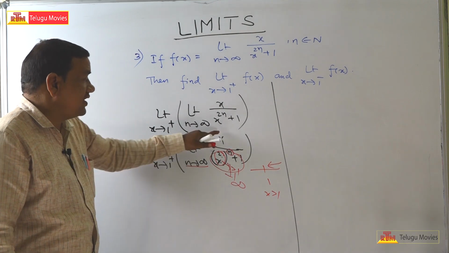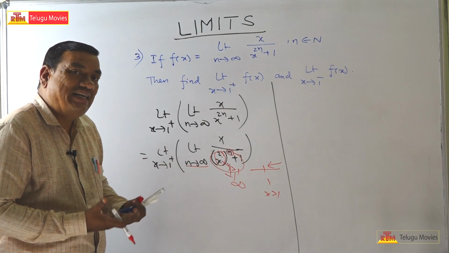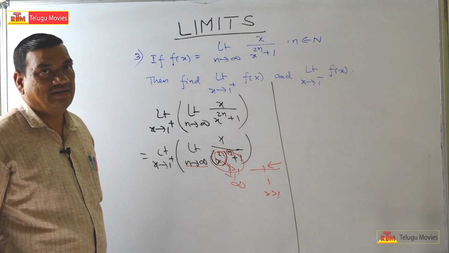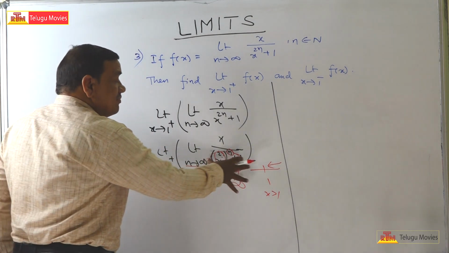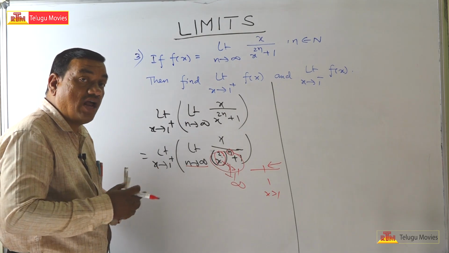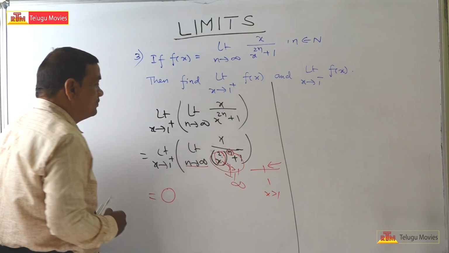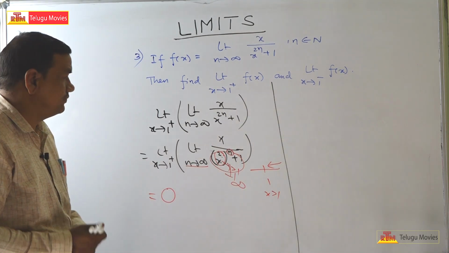X tends to 1, here x value is 1, and you are making the denominator increase. So when you make the denominator increasing, on the whole the fractional value tends to 0. So this value is 0, a finite value. Clear?